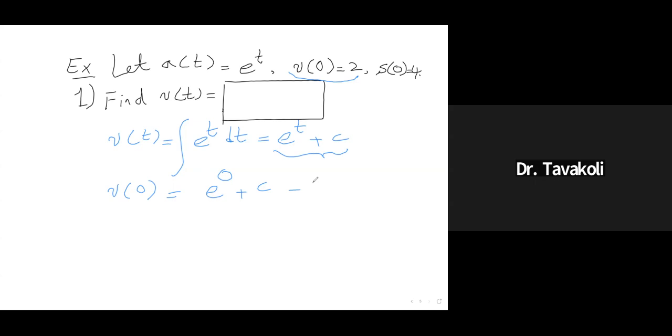This must be equal to 2. What is c? C is not 2, because e to the power of 0 is 1, right? 1 plus c is 2, so c is 1. So v of t that we calculated here is going to be e to the power of t plus 1.